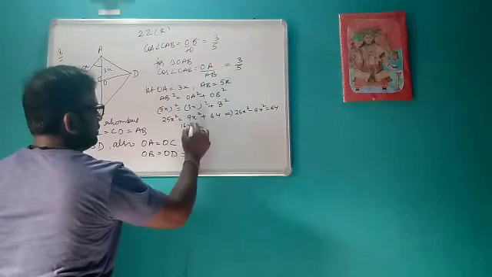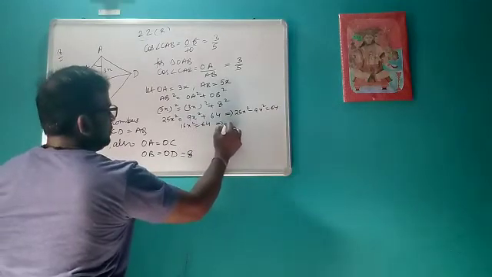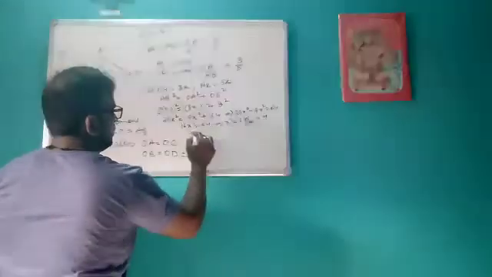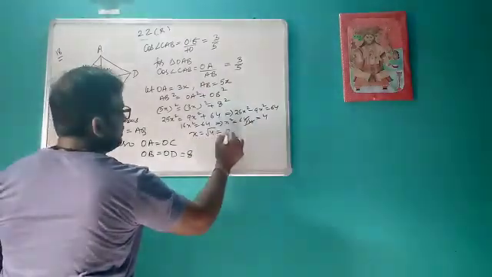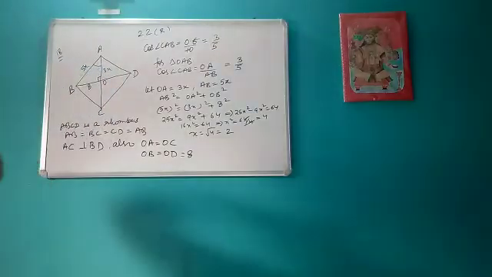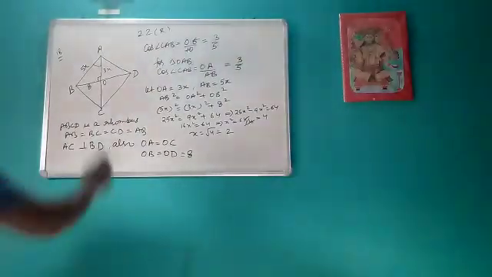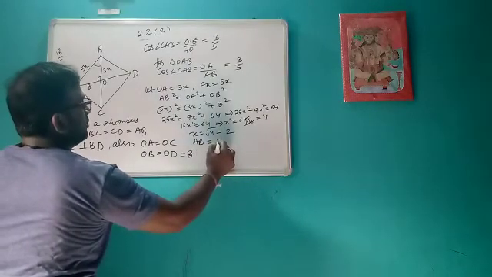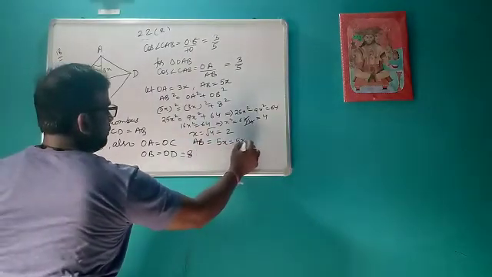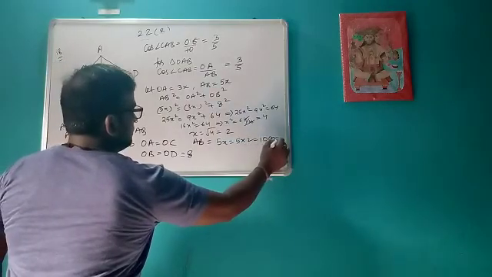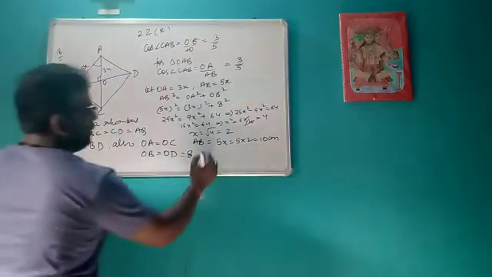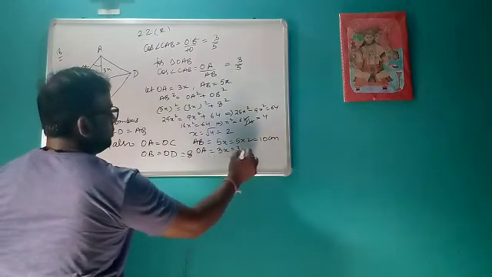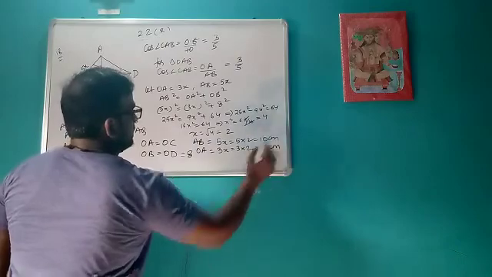So 16x square equals 64, so x square equal to 64/16, that is 4. So x will be square root of 4, that is 2. We will take only the positive value. So what will be the value of AB? AB is equal to 5x, that is 5 into 2, 10 centimeter. And what is the value of OA? OA will be 3x, that is 3 into 2, 6 centimeter.